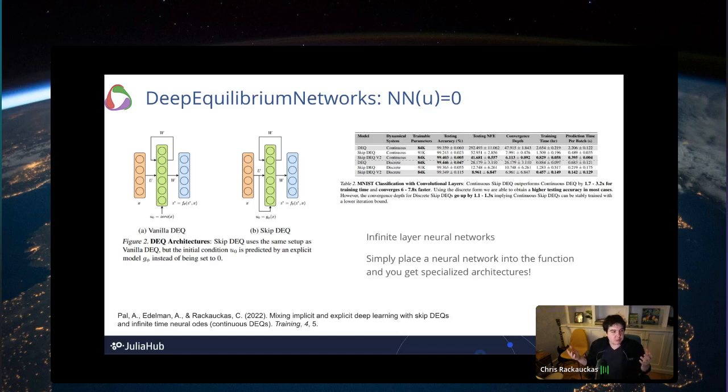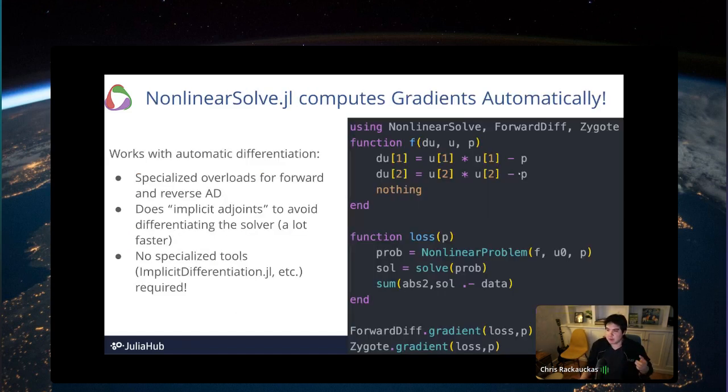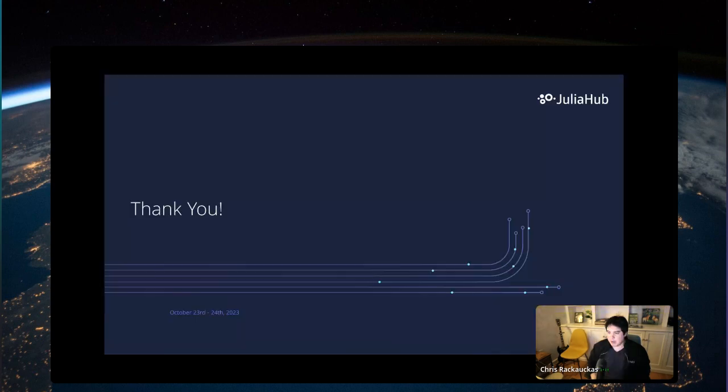And all that we did was we just took a neural network, stuck it in the right hand side, used the nonlinear solvers, and now the standard nonlinear solvers of Julia are the ones that you would use to do these special machine learning layers, right? There's no special separate machine learning library to learn. The standard tools of Julia all interconnect with machine learning and with all the other tooling that we have around there. And yeah, that's what I wanted to show.